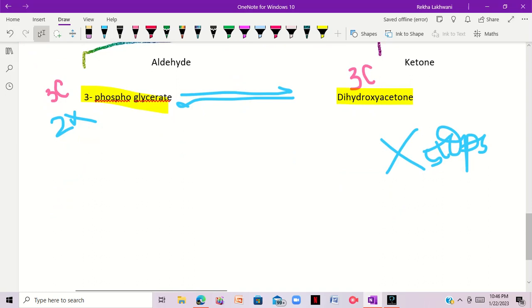Now this 3-phosphoglycerate is converted into 3-phosphoglyceric acid.